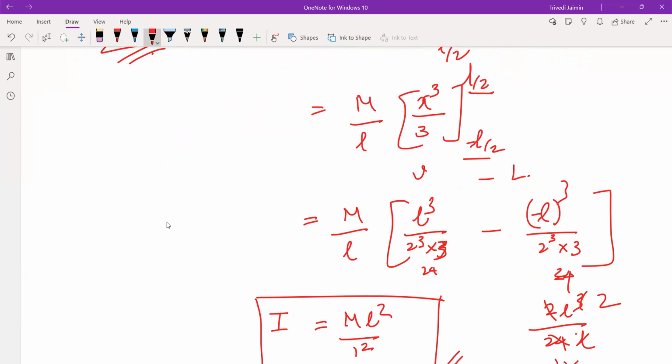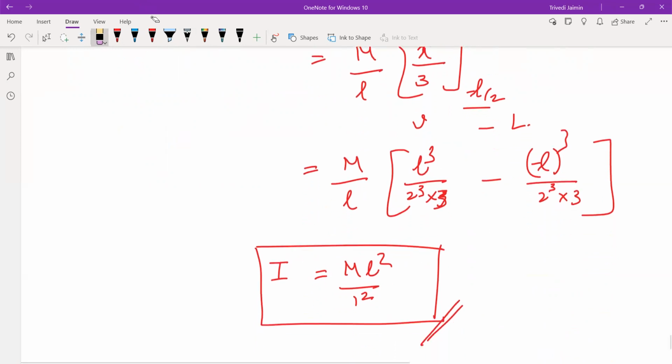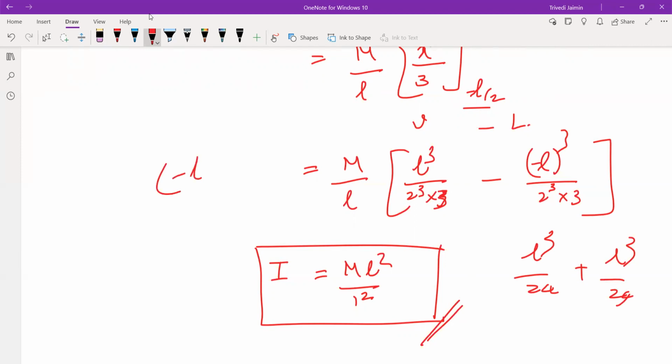Then the remaining is simple mathematics that I think you can understand, this cube and all that. 2 cube is 8, 8 times 3 is 24. So L cube by 24 plus L cube by 24, because minus L into minus L into minus L will be minus L cube.